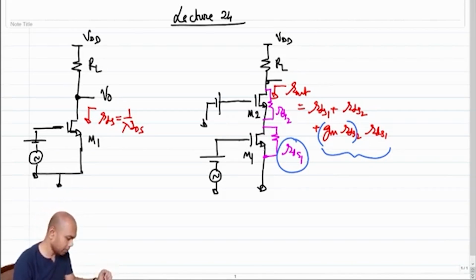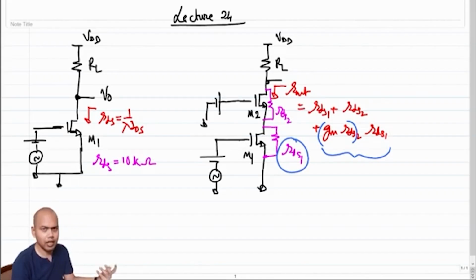I just pick a number. And let's say V0 changes by some delta V, so V0 changes from some quiescent V0 to V0 plus delta V.